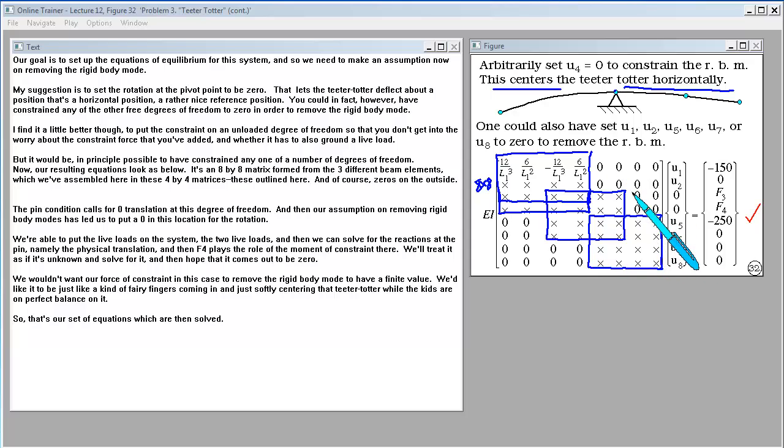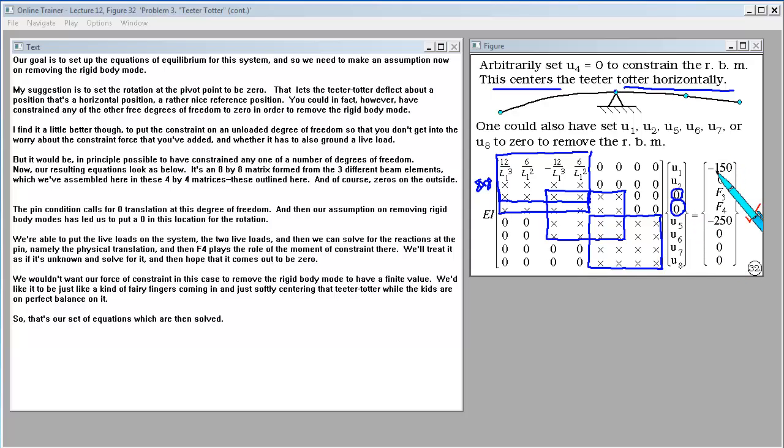And of course 0 is on the outside. The pinned condition calls for 0 translation at this degree of freedom, and then our assumption on removing rigid body modes has led us to put a 0 in this location for the rotation.